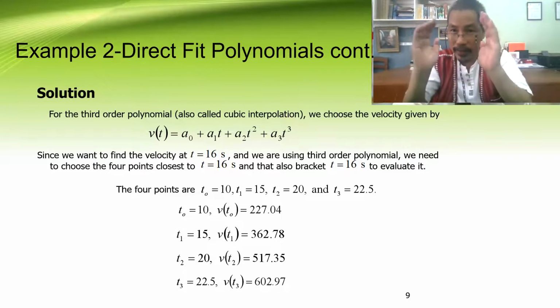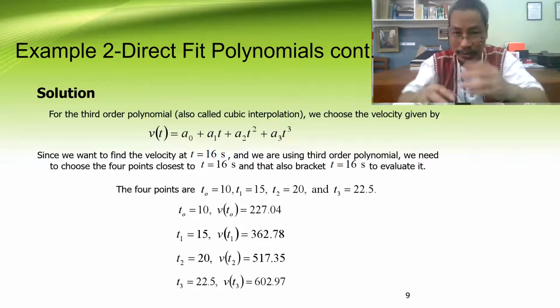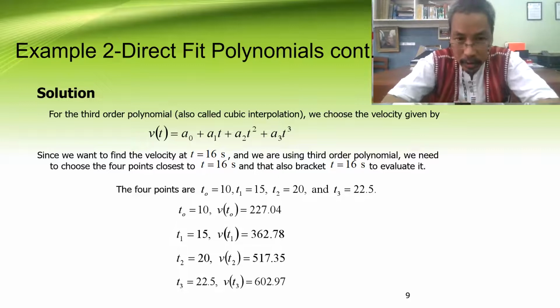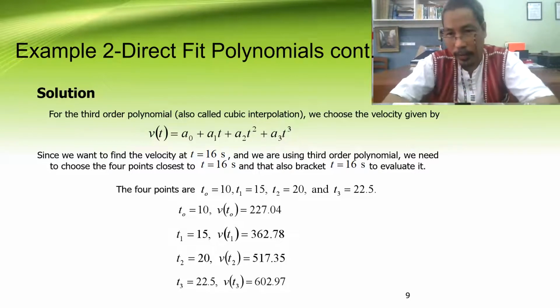Bracket meaning 16 seconds is inside those points. The 4 points are, of course, time 15 seconds and time 20 seconds, which we already used in the previous example number 1. In addition, the other nearest points are t equal to 10 seconds and t equal to 22.5 seconds. So all of the four.